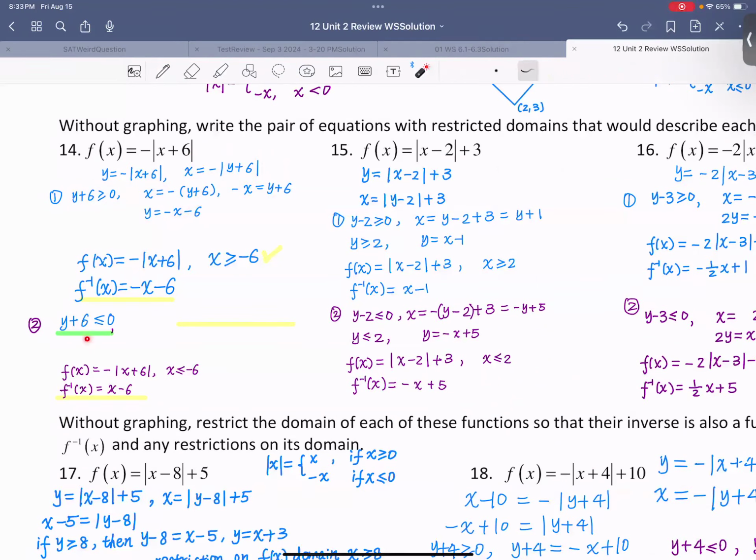Shirley. y plus 6 is less than or equal to 0. We will drop down. y is less than, hold on. x will equal negative. The thing inside is negative. You get rid of the absolute value, you will have negative of this, correct?